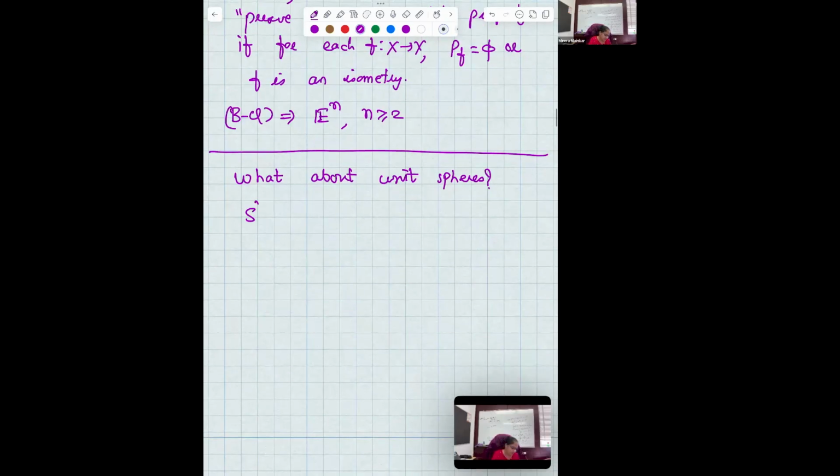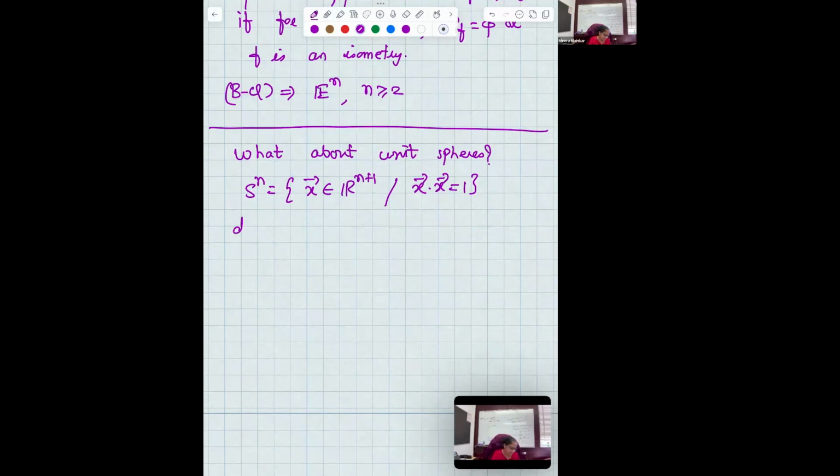Okay, so unit sphere, that I mean all these unit vectors. And the distance here is the angle between these vectors.